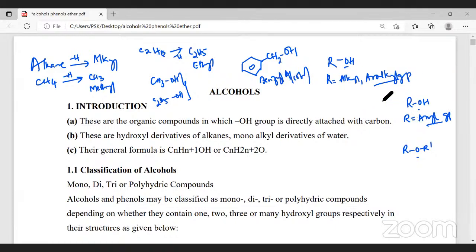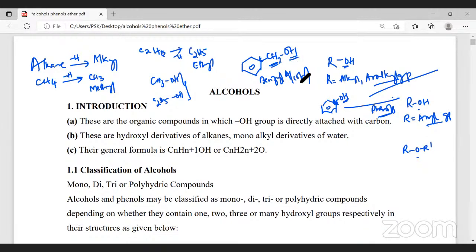Now coming to phenols, R is an aryl group. Aryl group means a benzene ring. You can see in a benzene ring, this OH group is directly bonded to the carbon atom of the benzene. Whenever the OH group is directly bonded to the carbon atom of the benzene ring, they are called phenols. Here you can see the functional group in alcohols and phenols is the same. In aromatic alcohols, the OH group is bonded to the carbon atom of a benzene ring through a side chain.